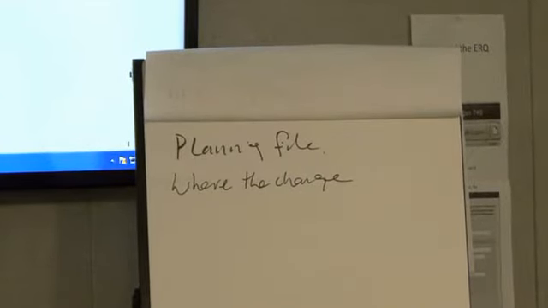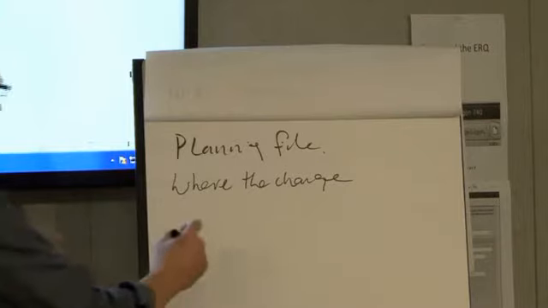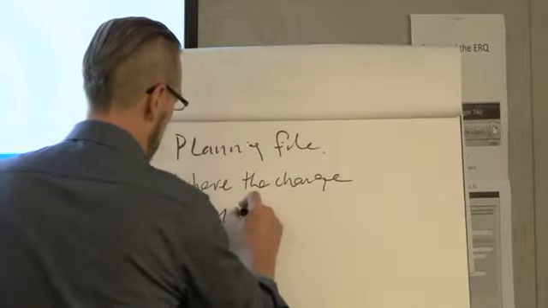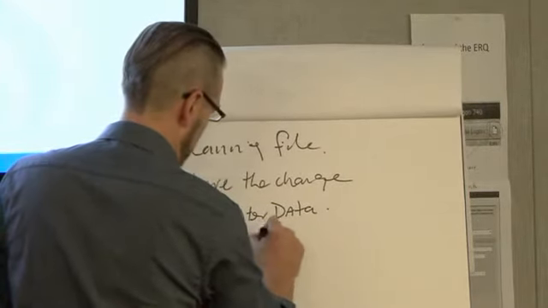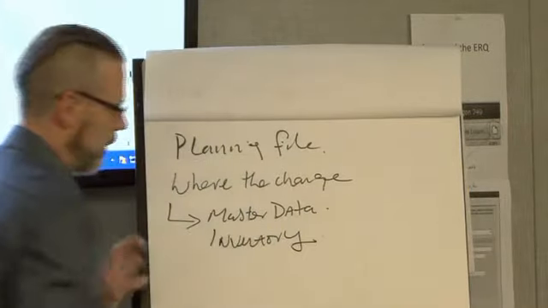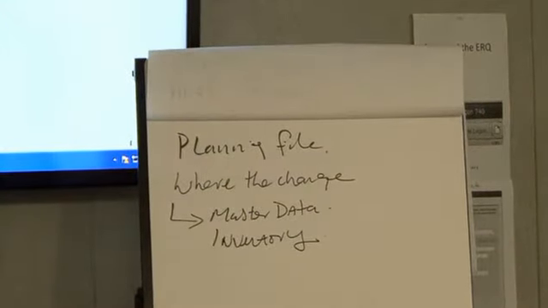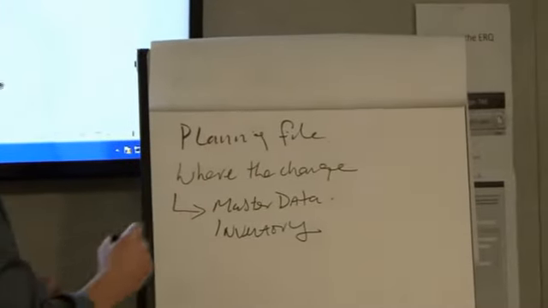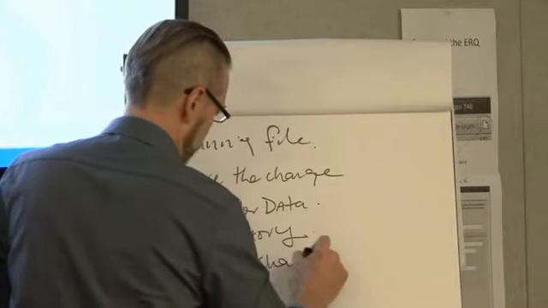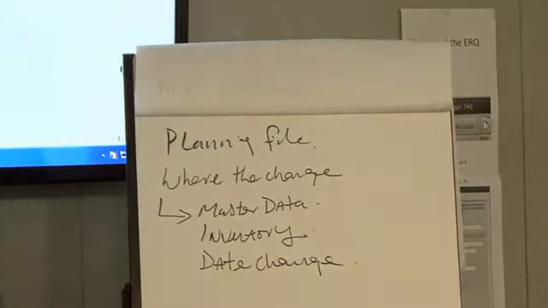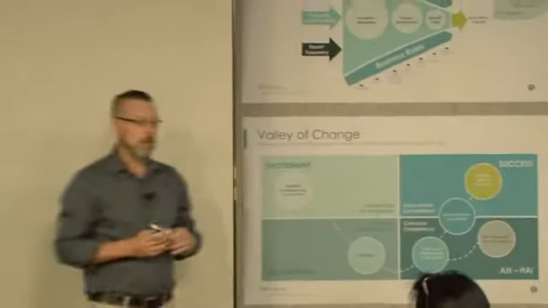Master data, inventory. Anything else? Could be a date change. Yeah, any change, right. So the planning file is MRP's way of storing that. When we run net change, it says, if you're not in that planning file, I am not going to bother with you. Okay. So, anything else?